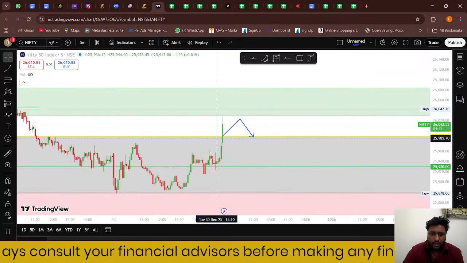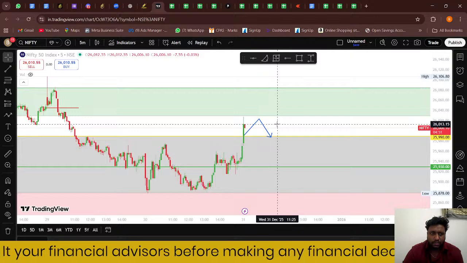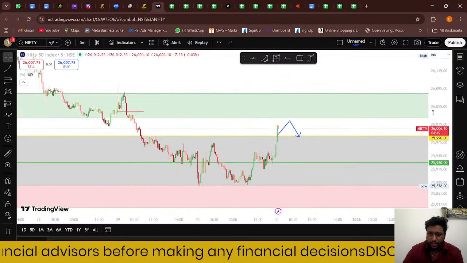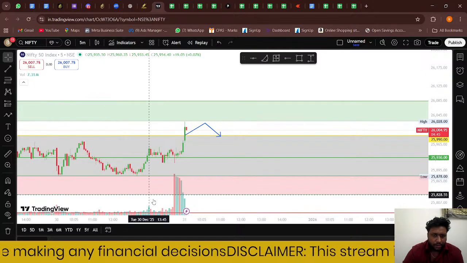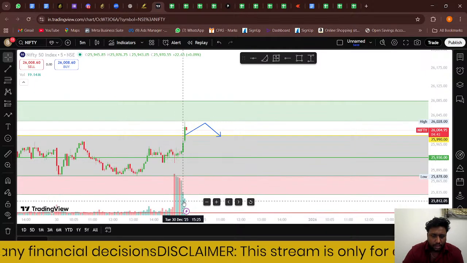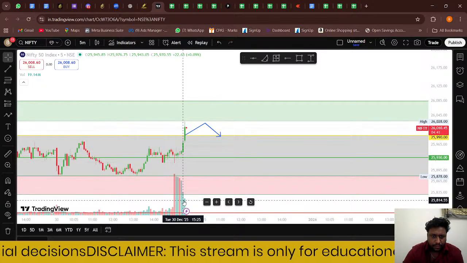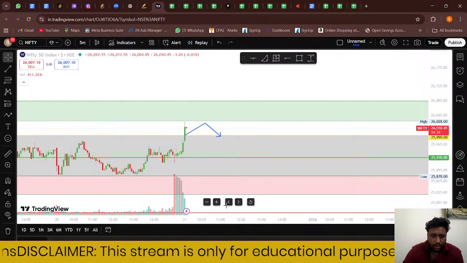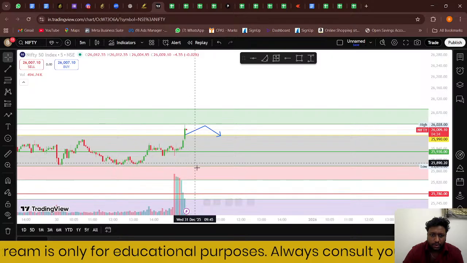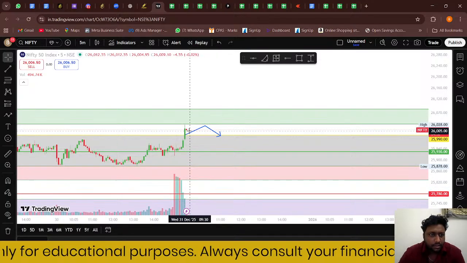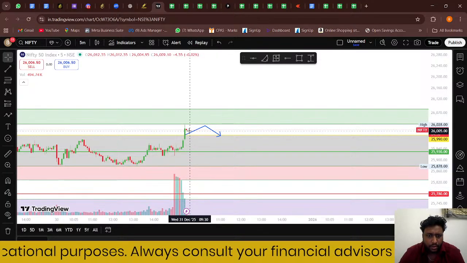I have changed it to 5 minute, and we'll add the volume also. This is the first candle and second candle. Let's see if the volume keeps increasing with respect to the spot value.